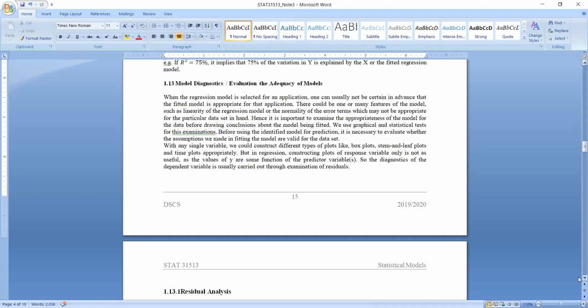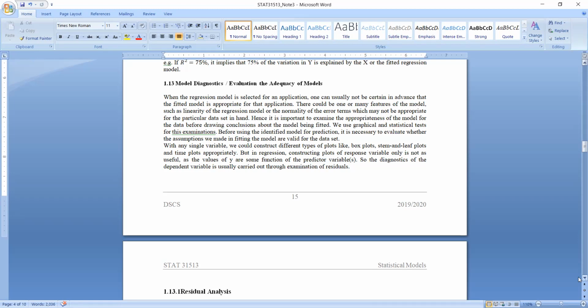So in most cases, if you have a single variable, when you are doing a descriptive analysis and you want to check whether there is an outlier, or check the distribution of that variable, you can just use a box plot, or a stem and leaf plot, or a time plot.